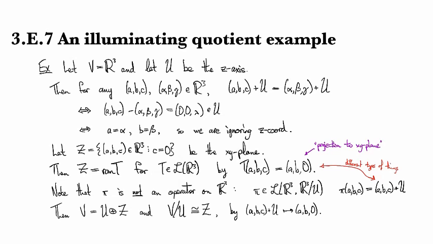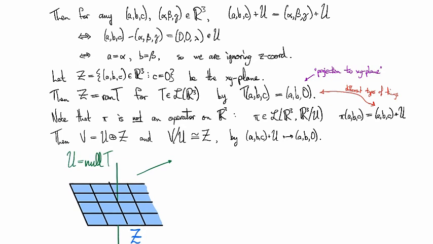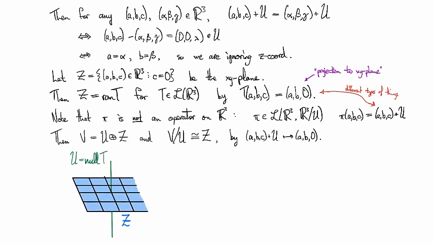Okay, and let me pull in a picture here. Ooh, that came in rather large. And so here's the idea, and we've got T as an operator acting on this space.